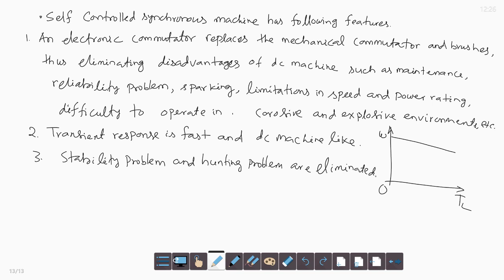The response is fast. And another point, high energy permanent magnets can be used in the rotor in place of a wound field. This can make rotor inertia smaller and thus give fast response.